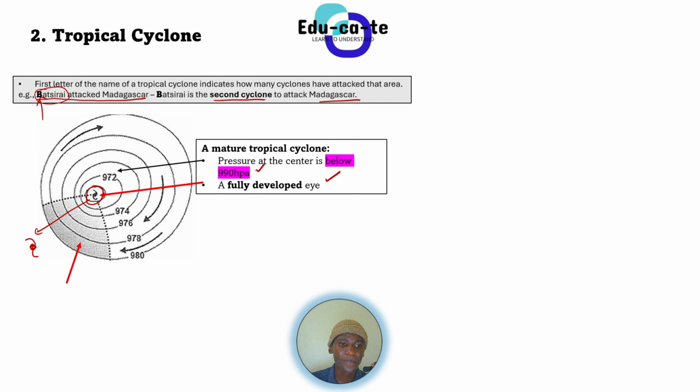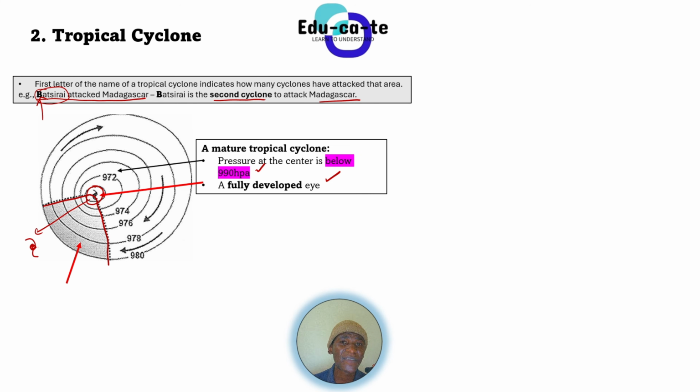Now you also have a dangerous semicircle. The dangerous semicircle is this area of the tropical cyclone, the most intense and most dangerous area. It brings the most dangerous conditions: very strong winds, which we call gale force winds, and heavy rainfall.